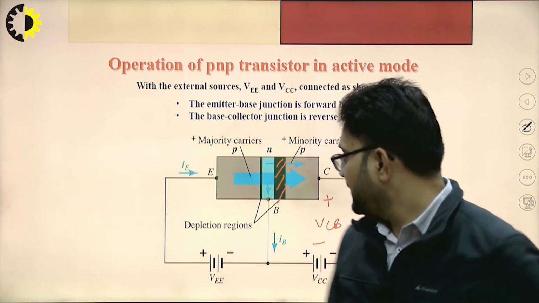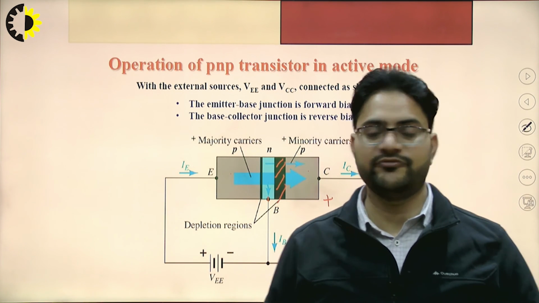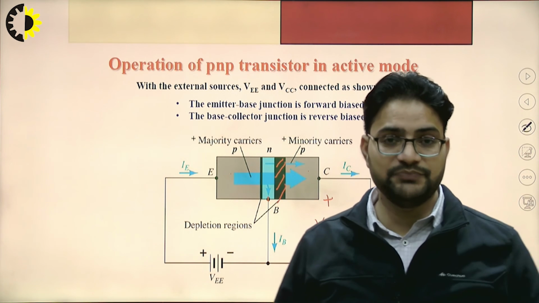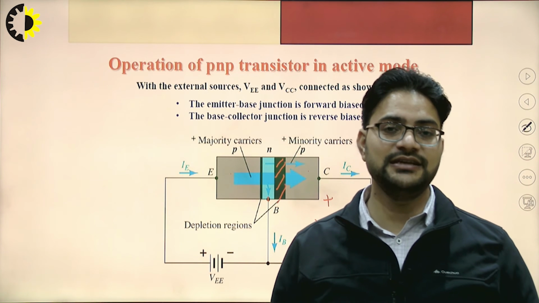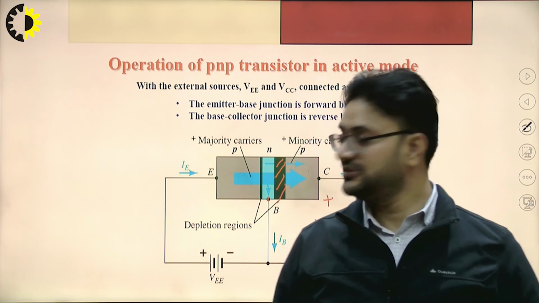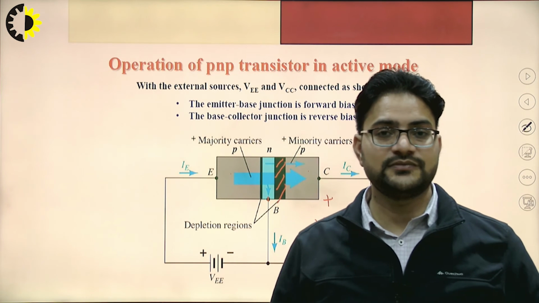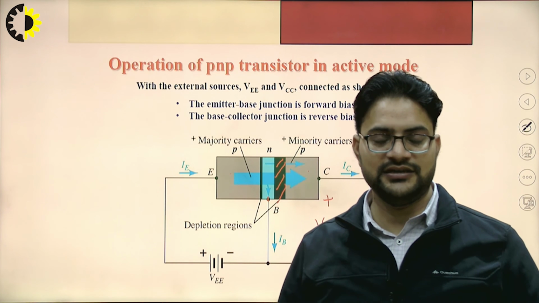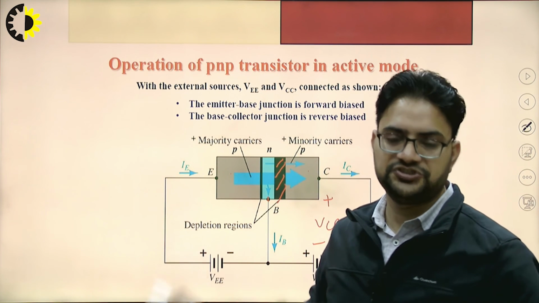A point will come, if you further increase this VCB value, when the base is completely removed. Under this condition, the transistor will burn, it will be damaged.